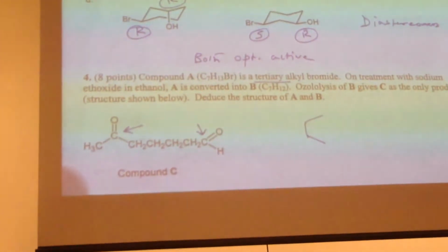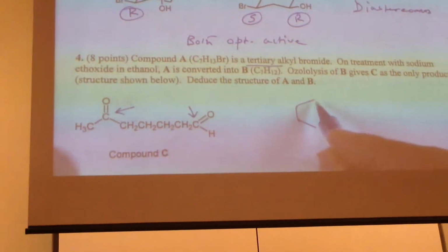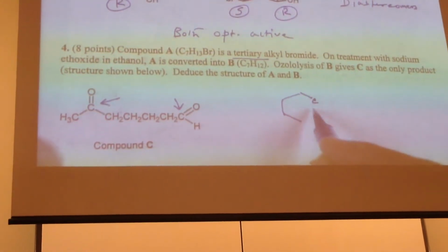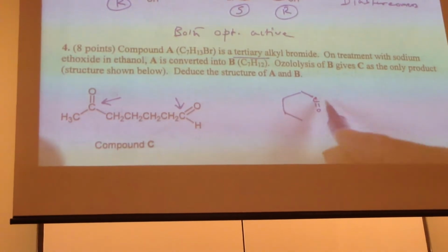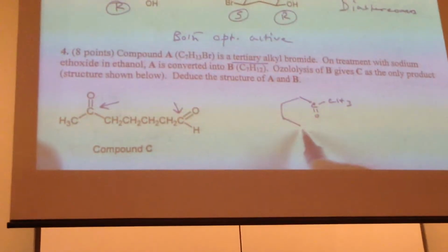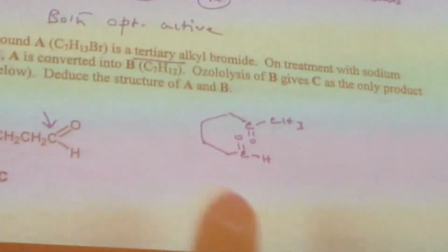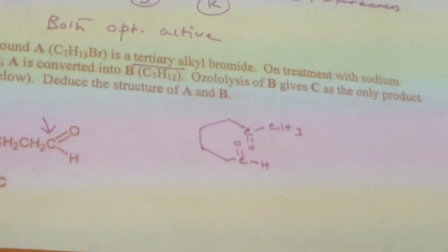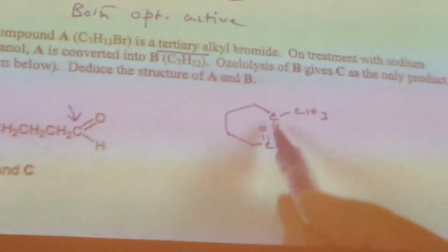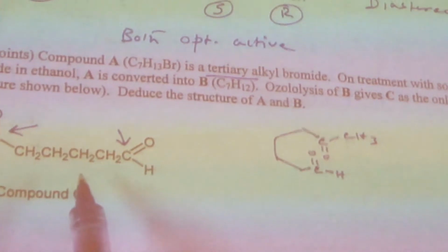These are the 4 CH2 groups, and then we have a C, CH3, and the other C has a hydrogen there, C, H. So this is exactly the same compound rewritten. And these 2 carbons were joined together with a double bond. That's what ozonolysis created.